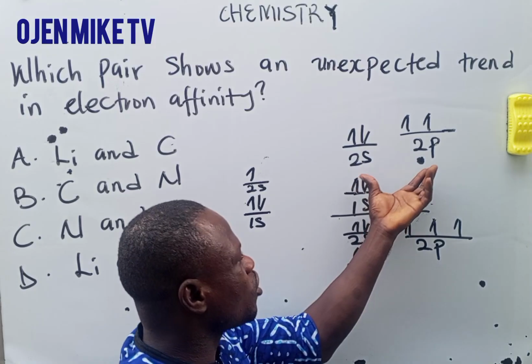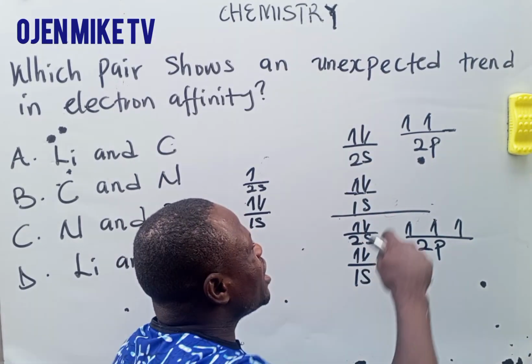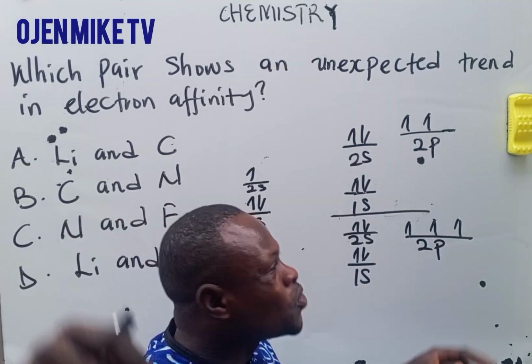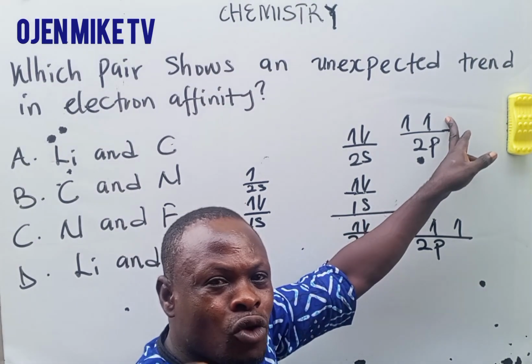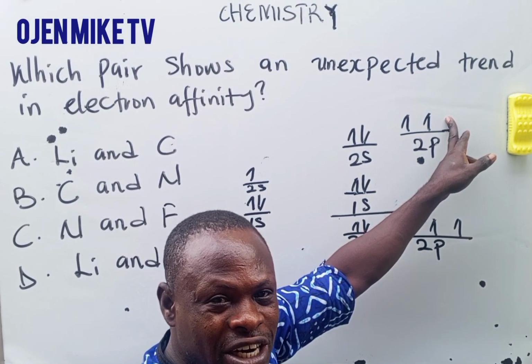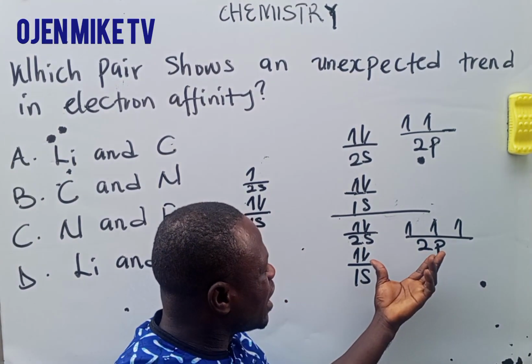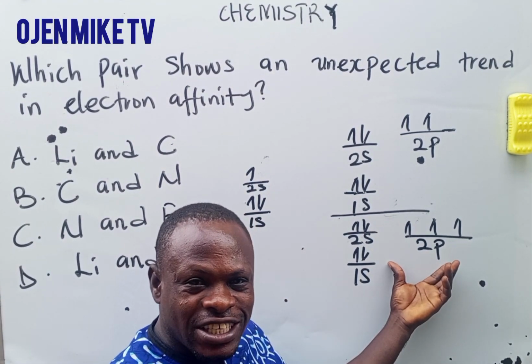Now this is the electronic configuration of carbon. Now in carbon, what are you going to add next? If you add another electron, it will balance this one, so there will be enough heat that will be released.